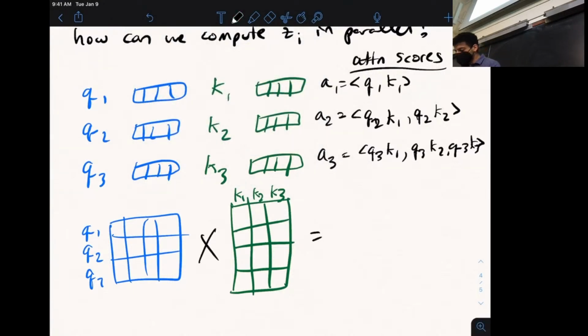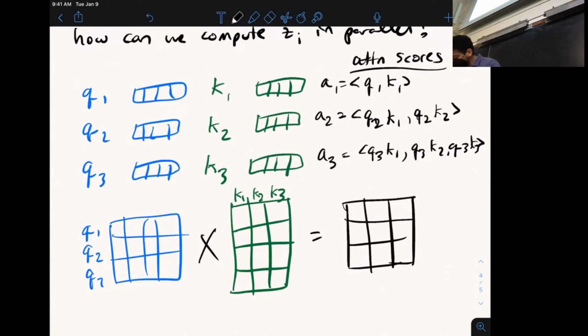Here I've just shown the dimensionality of these vectors to be 4 for this example. The resulting matrix is a 3 by 3, where the rows should be a key. And each of these elements in this matrix is one of the dot products that is used in these attention distributions, right? So let me go ahead and copy this.